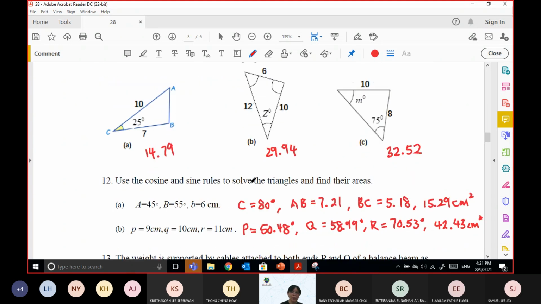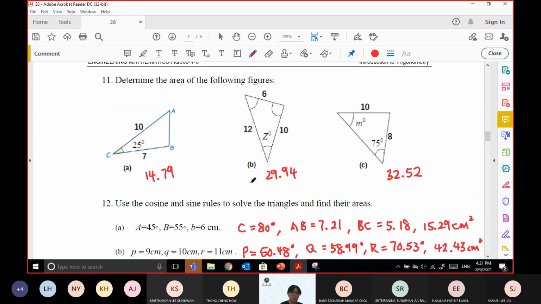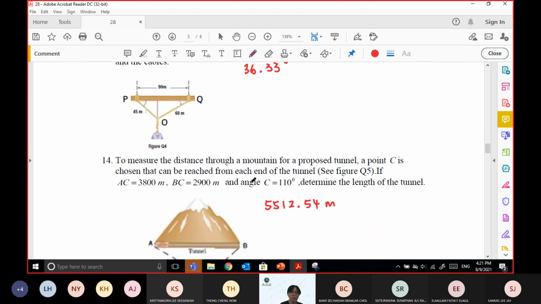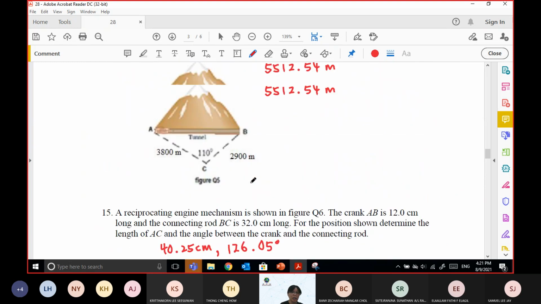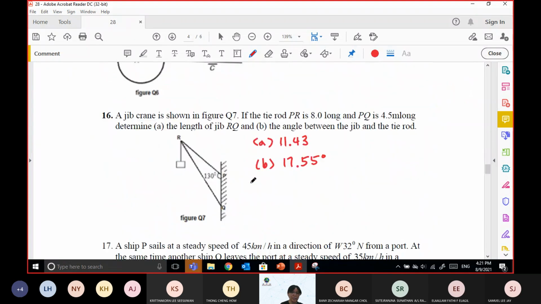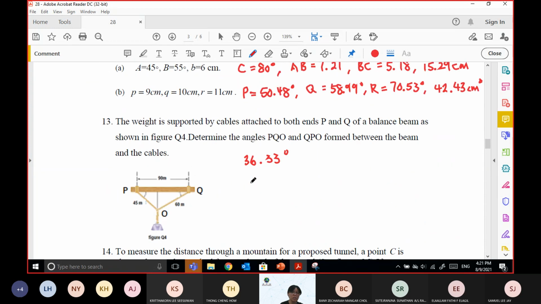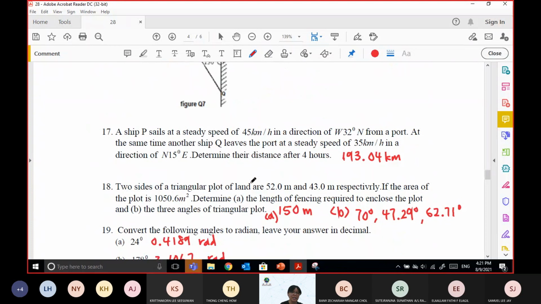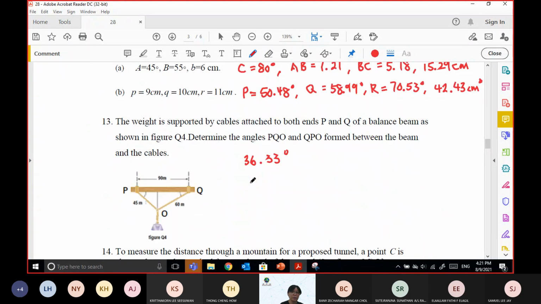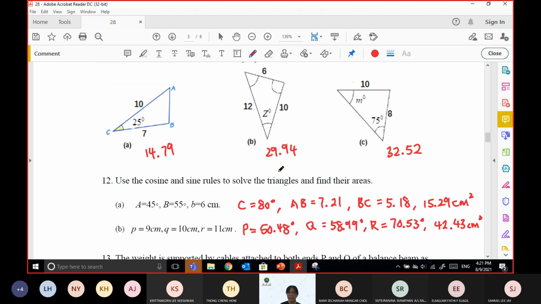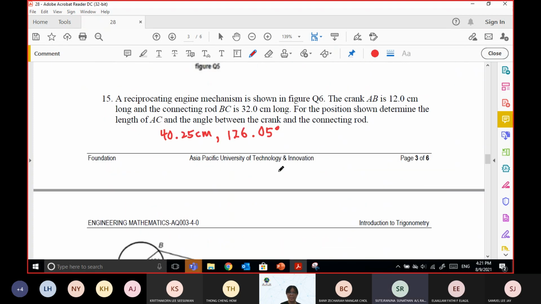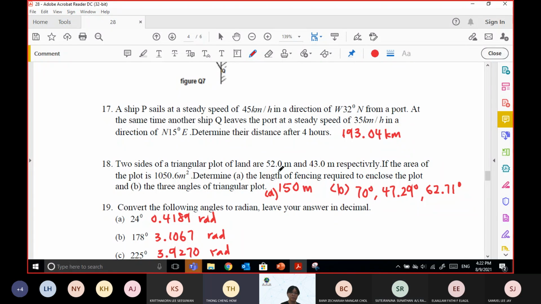While waiting for the solutions from the students for 10 and 11, we have questions 12 until 20. May I know which questions you have a problem with, especially questions 13, 14, 15, 16, 17, 18? 17, 18, okay.